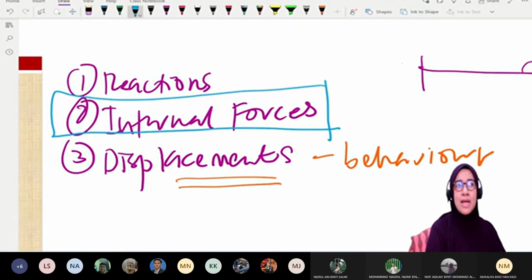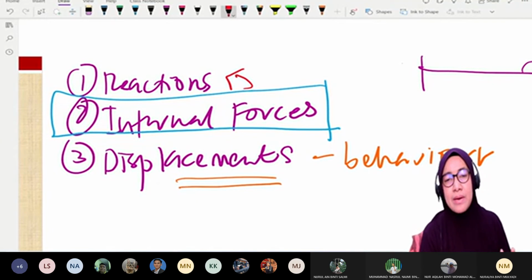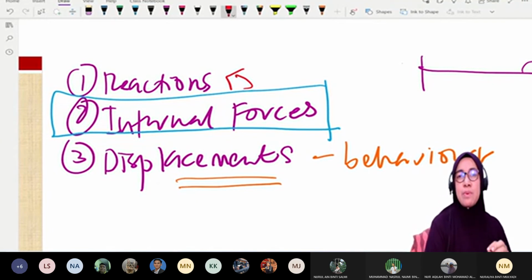The member end moment that we calculate as the output is an internal force. After we determine the member end moment, then we have to calculate the remaining reactions, and we don't calculate displacement in the moment distribution method.